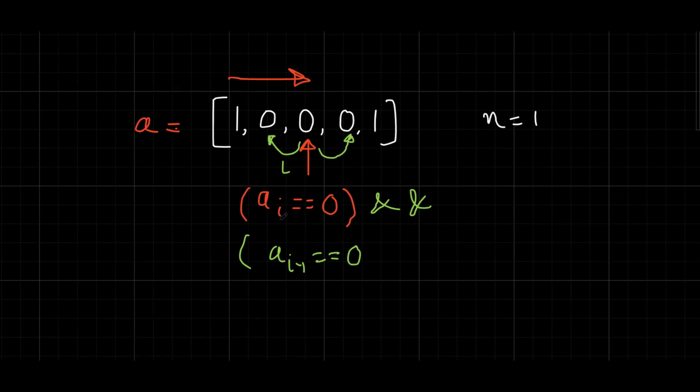But wait, there can be a possibility that the left cell might not exist, because if we are present in the first cell, it does not have any left cell. So here we have to check one extra condition.